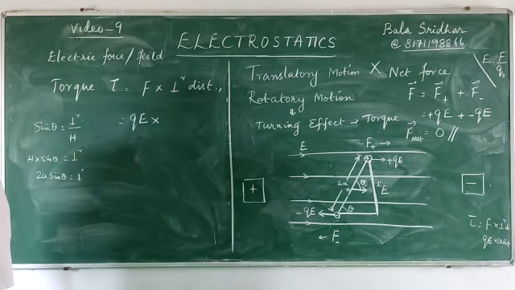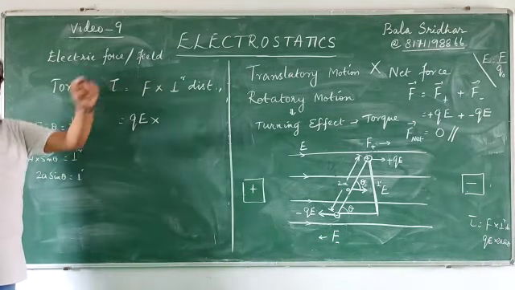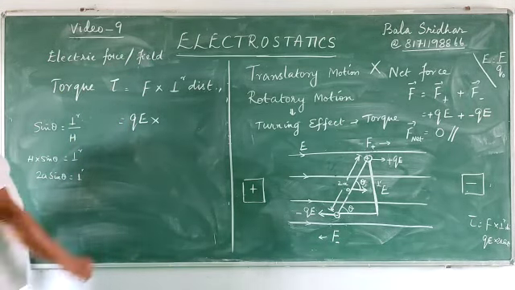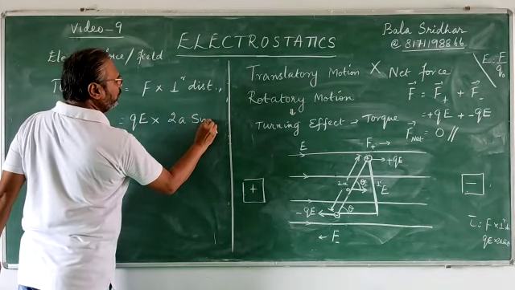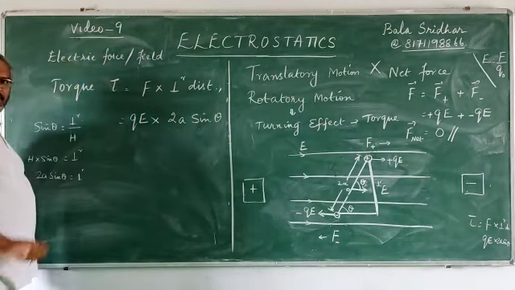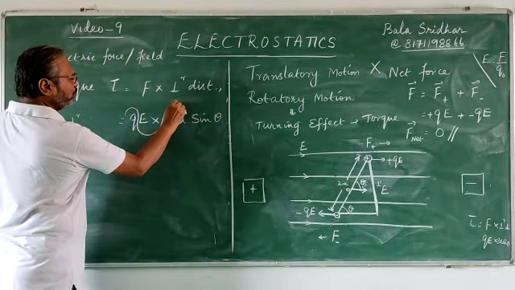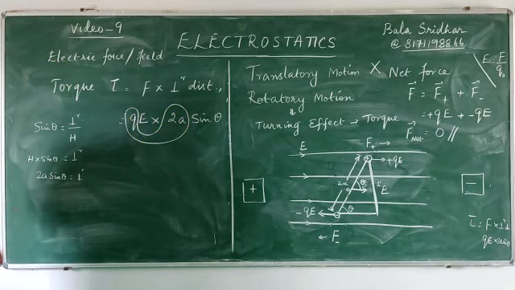Let us substitute it in the formula of the torque. Tau is equal to F into perpendicular distance. F is QE in the electric field and the perpendicular distance is 2a into sin theta. Now we know by definition that Q into 2a is the electric dipole moment.